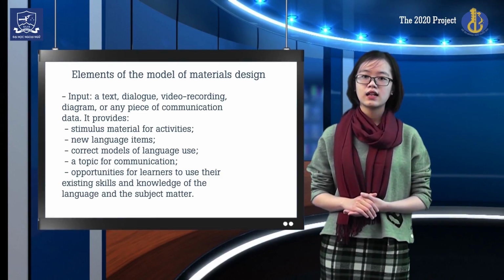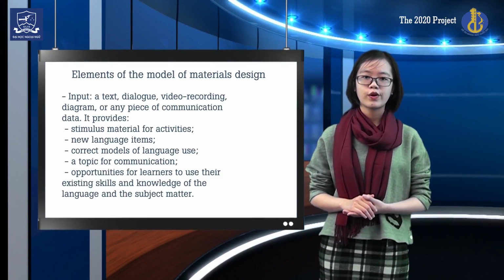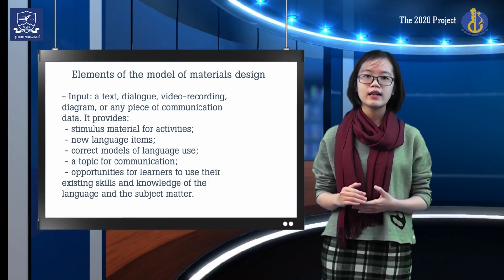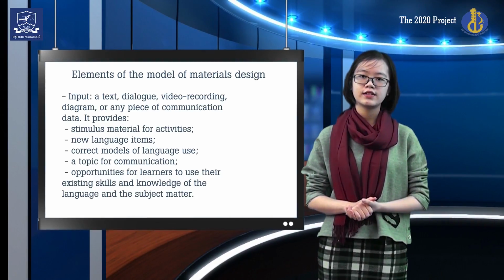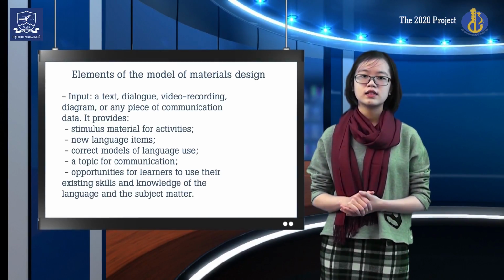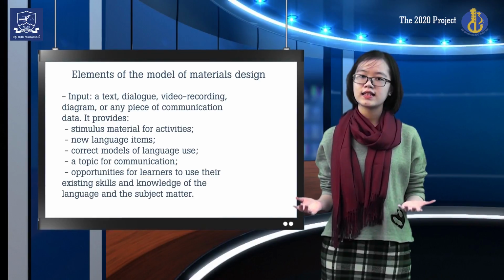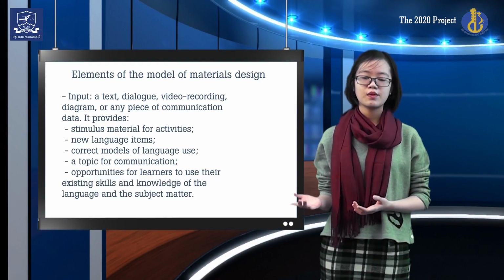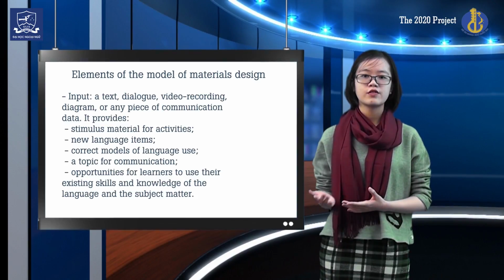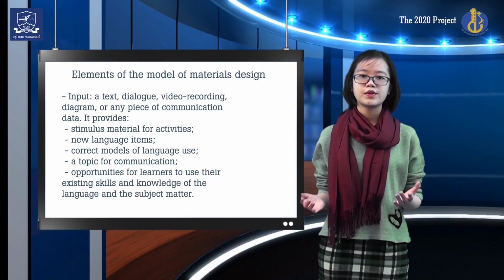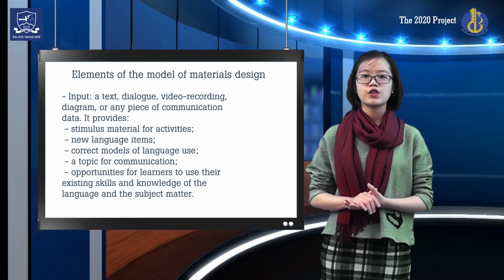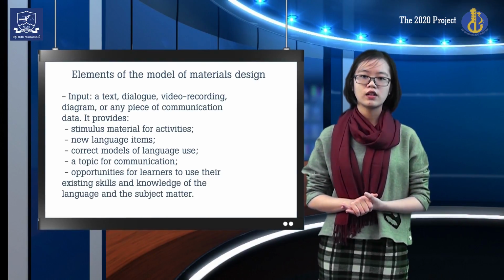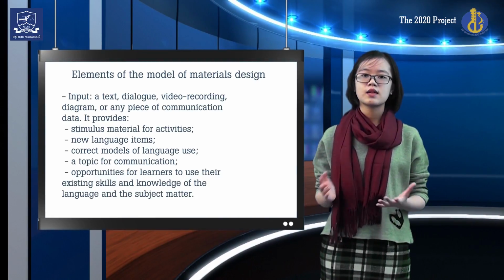A text, a dialogue, video recording, diagram, or any piece of communication data. It provides stimulus material for activities, new language items, correct models of language use, a topic for communication, opportunities for learners to use the existing skills and knowledge of the language and the subject matter.